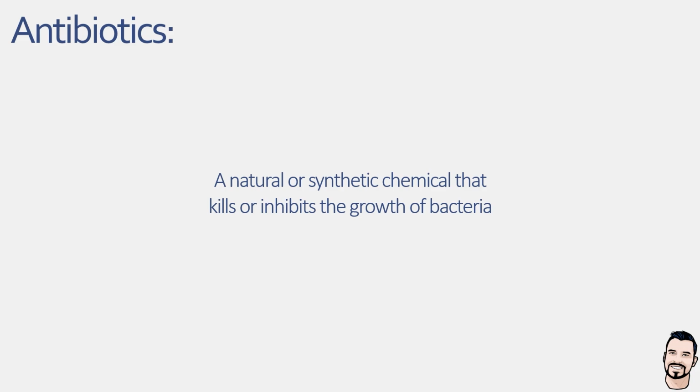But with great power comes great responsibility. Understanding how antibiotics work and the principles that guide their use is essential if we want to preserve their effectiveness in the face of rising antibiotic resistance, because ultimately the choices we make in the clinic, in research, and as a society will determine whether these life-saving drugs remain effective for future generations.